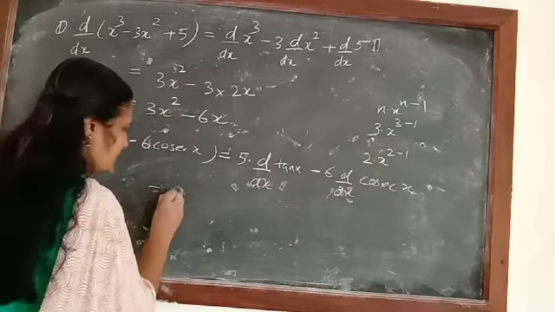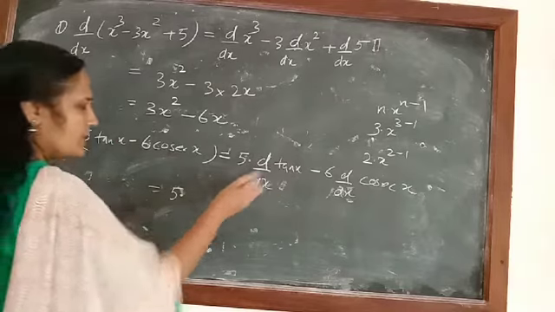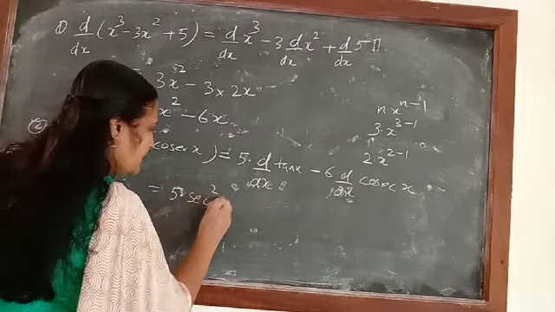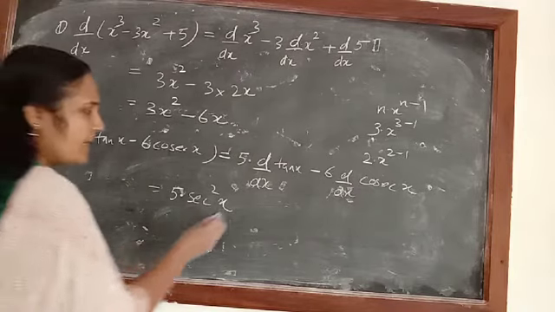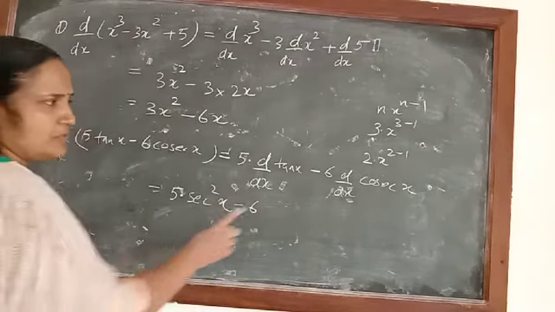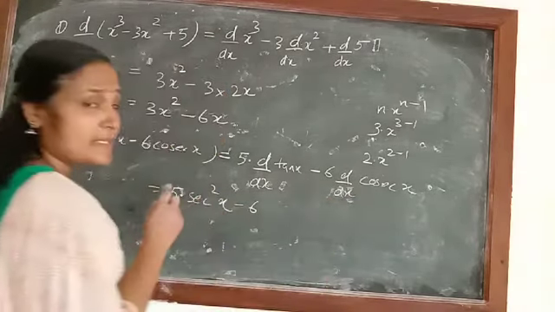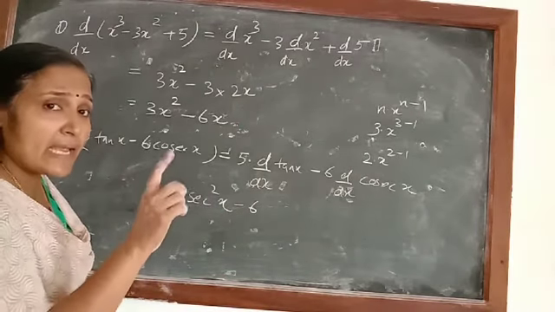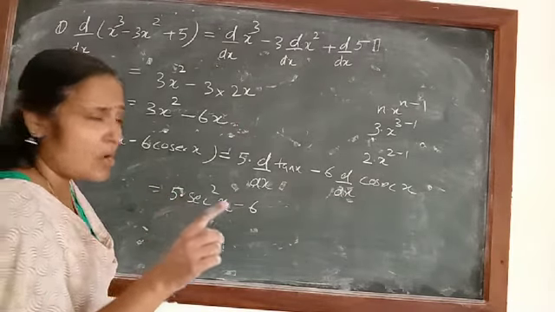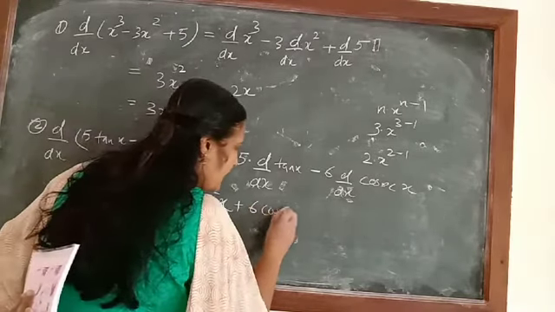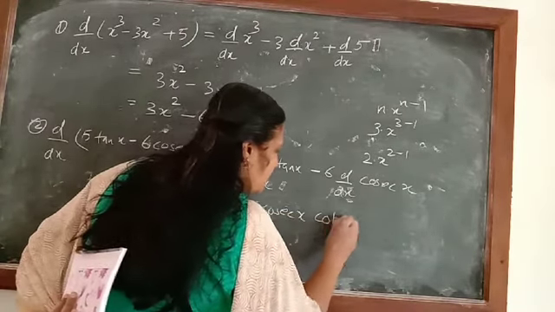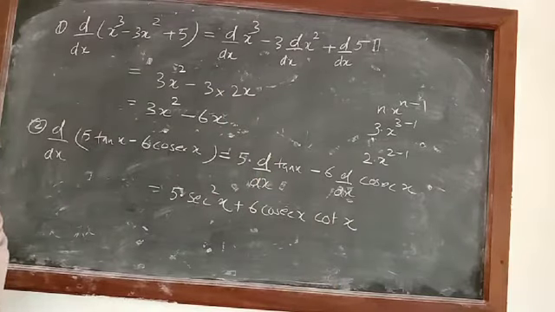Now the differentiation of tan x is sec square x, so we can write 5 sec square x minus 6 into the differentiation of cosec x, which is minus cosec x into cot x. So this minus will become plus. Directly we can write cosec x into cot x. So I think it is clear how to use the formula.